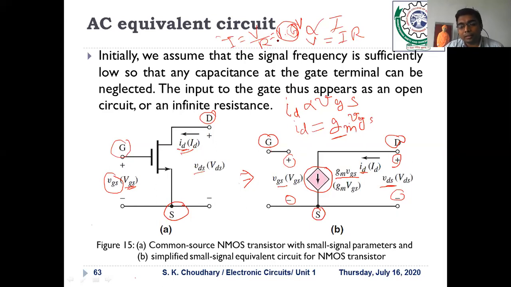Here the current is the output current, the drain current, and the voltage is the input voltage, that is VGS. We are establishing a relationship between both of them by this proportionality constant GM. That's why it is called transfer of conductance.